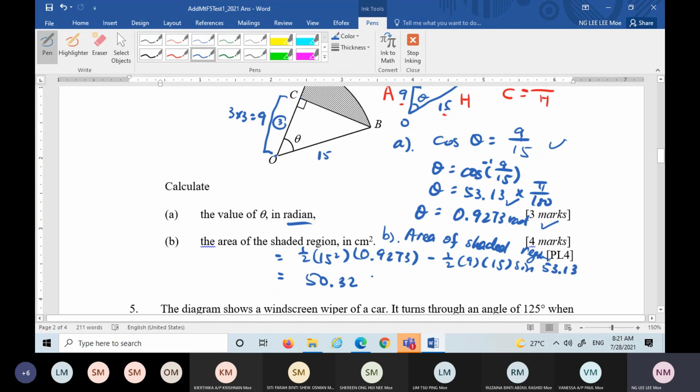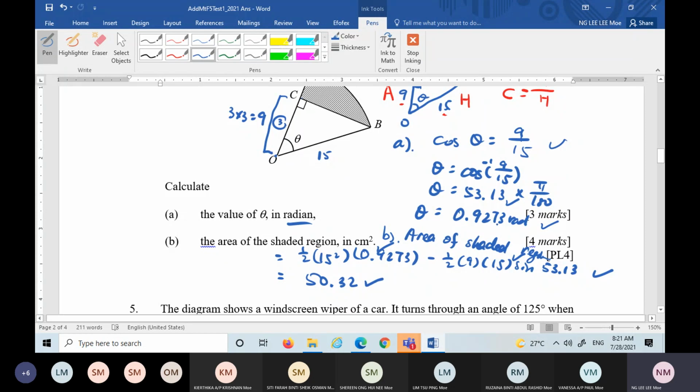So this question is 4 marks. I will give 1 mark here, and then 1 mark for this second one, and 1 mark for the overall, meaning the area of sector minus the area of triangle, and the last mark for the final answer. This question also has follow through.